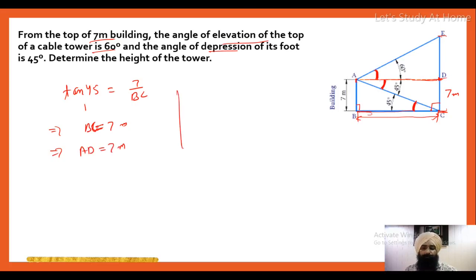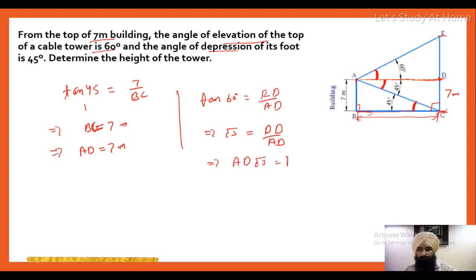So now tan 60 degree is equal to ED over AD. This implies √3 is equal to ED over AD. AD √3 is equal to ED. Here is E, ED.